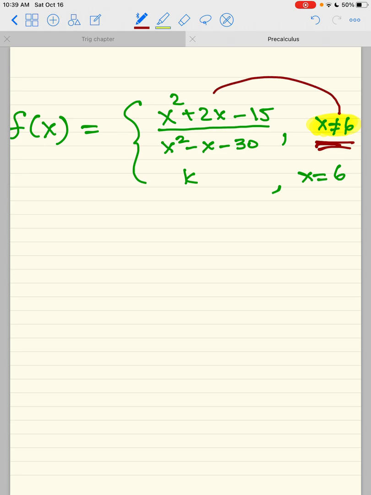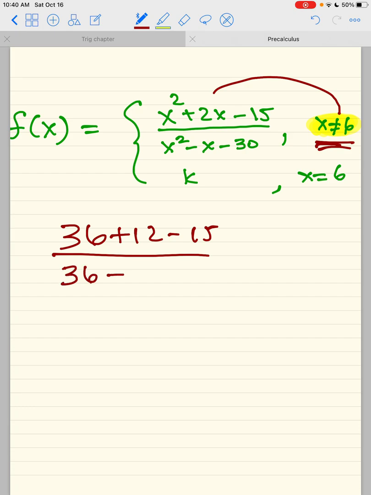So if you plug in the 6, you get 36 plus 12 minus 15. Okay, and then here you get 36 minus 6, and then minus 30. I hope I did that right. And then I have 36 plus 12 minus 15 over 36 minus 6 minus 30.